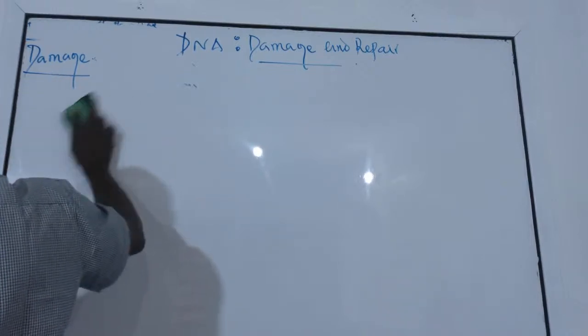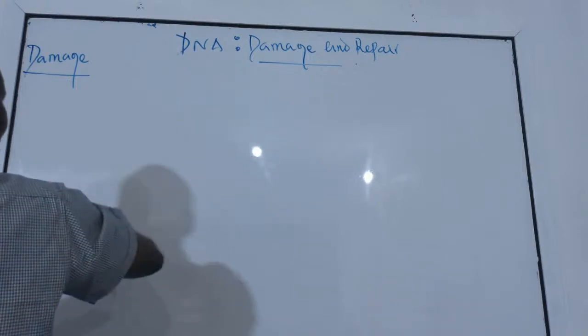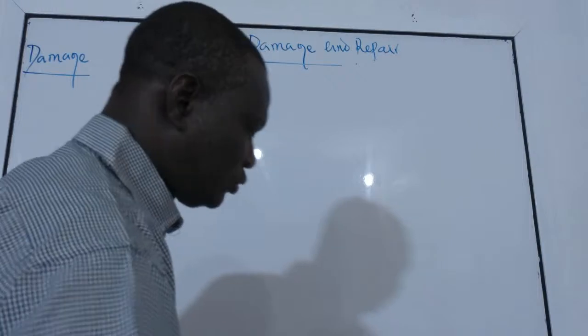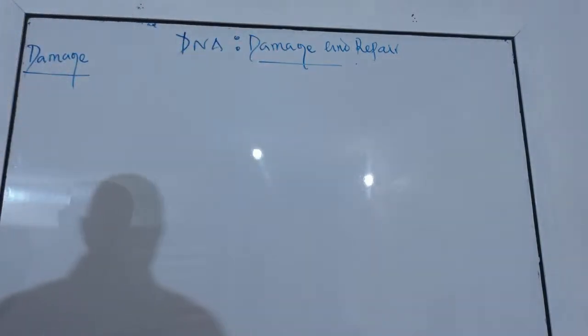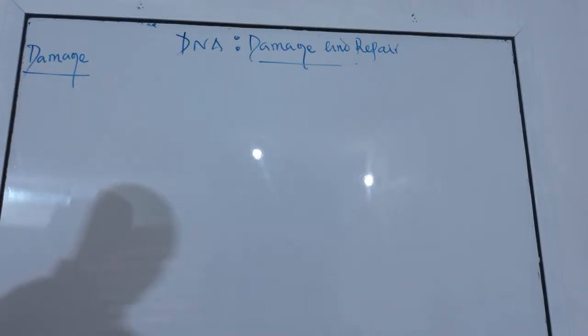So we will first of all start with the damage, that is, errors. DNA is prone to errors, just like human beings. We are all prone to error, and the way we repair our mistakes will actually determine whether we are going to be a successful person or not.